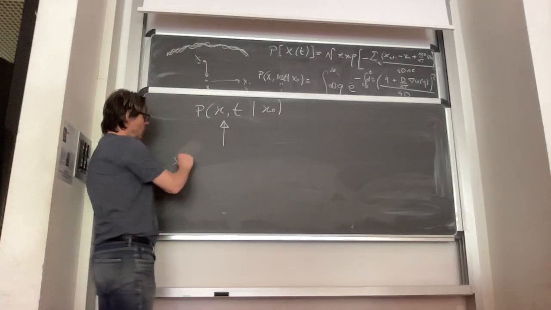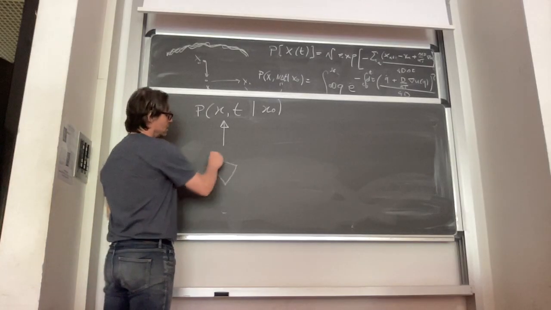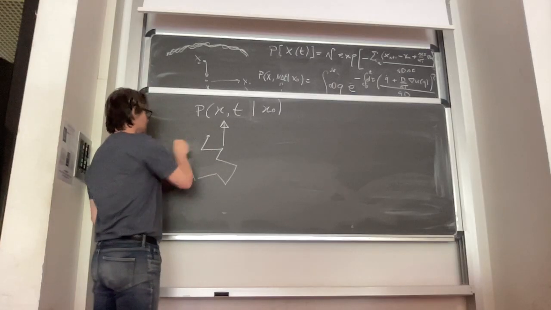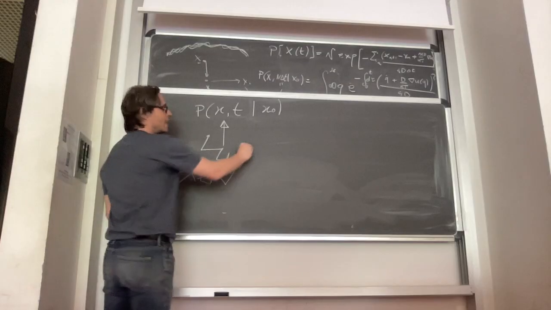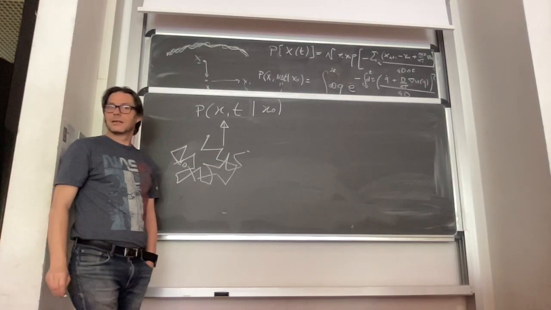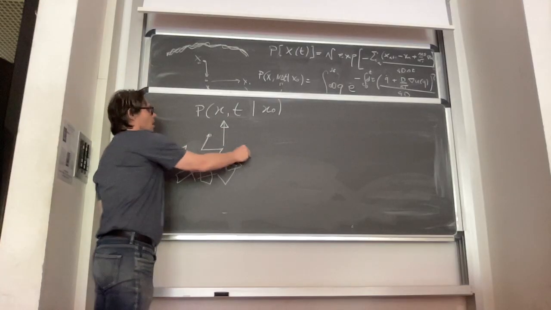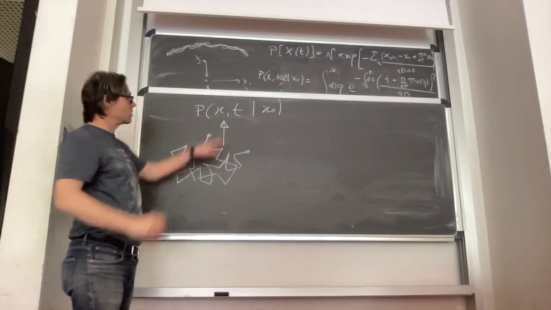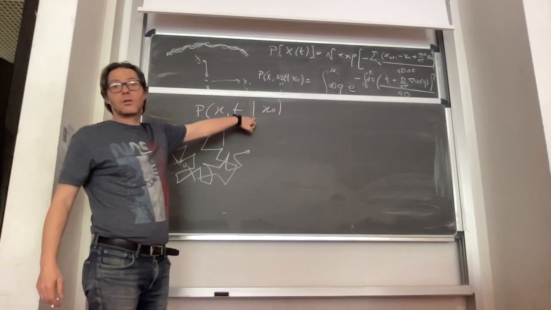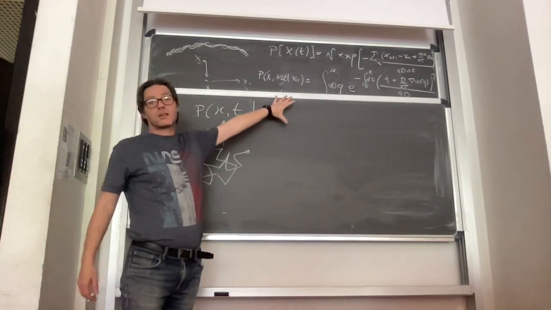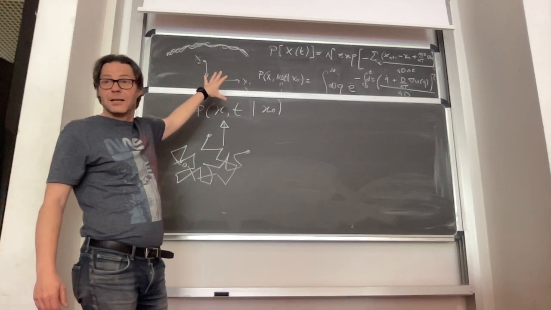We start from x naught, and we integrate Ito's equation many times, generating Langevin dynamics, right? We are not very much interested in the path at the moment, since our goal is not to reconstruct the full path probability. The goal of what we wrote here is to reconstruct the probability of being in the final position, right?